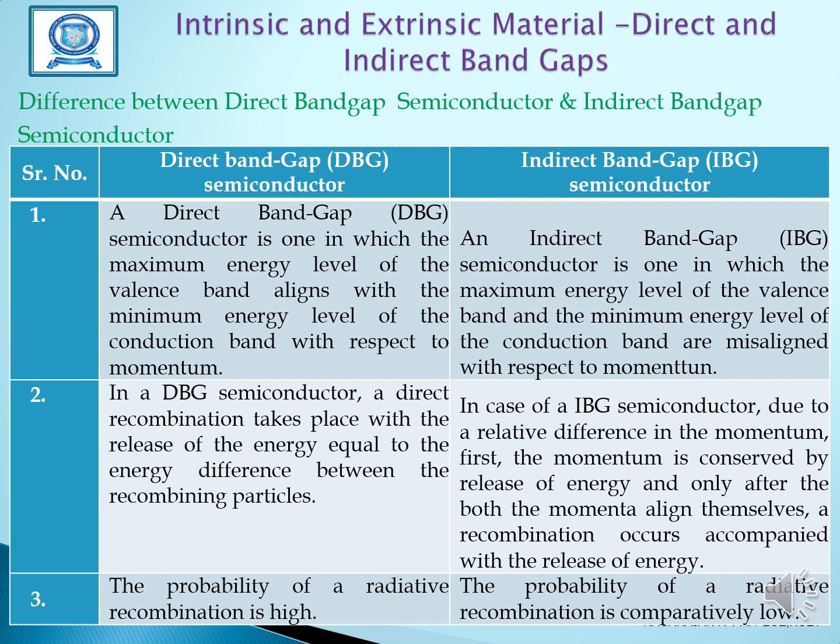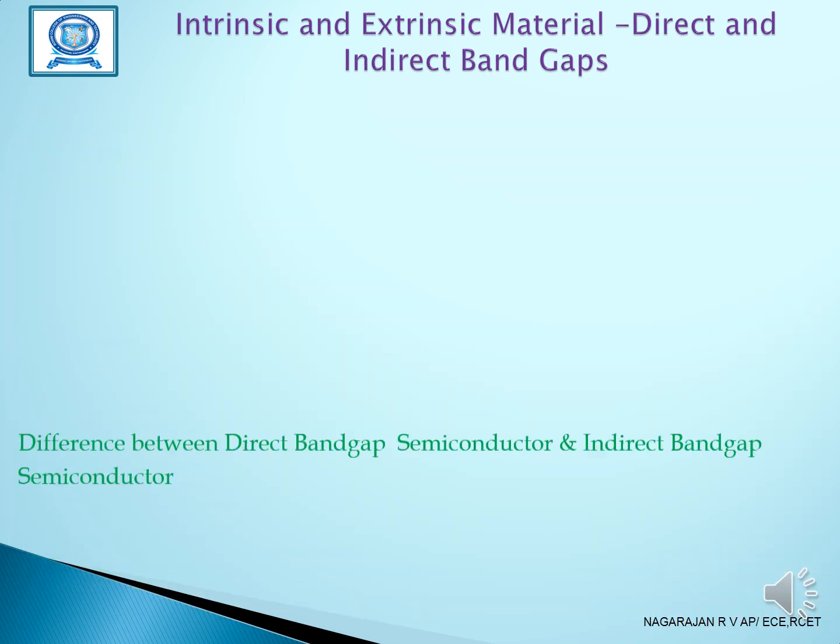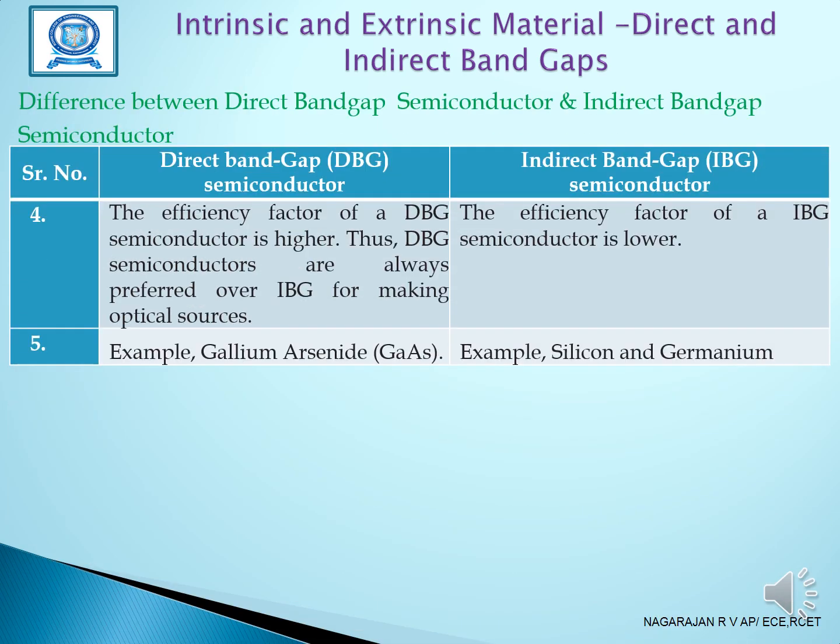In the DBG, the probability of radiative recombination is high. In the IBG, the probability of radiative recombination is low. This is the difference between the direct band gap and indirect band gap.